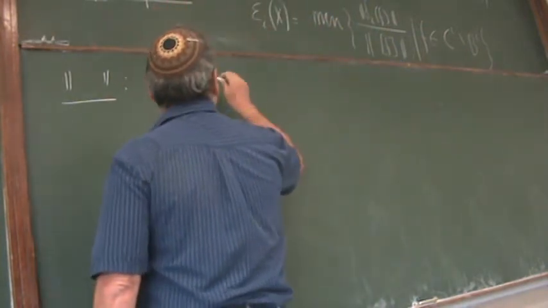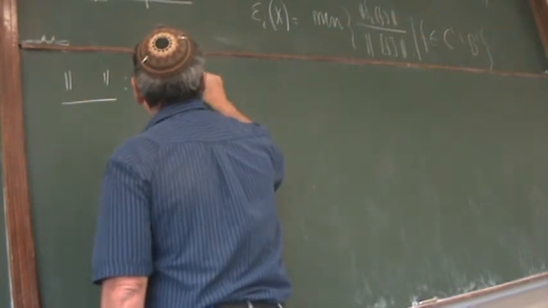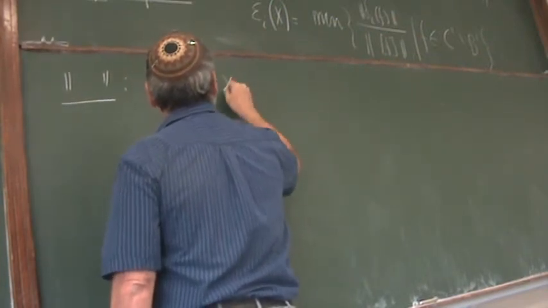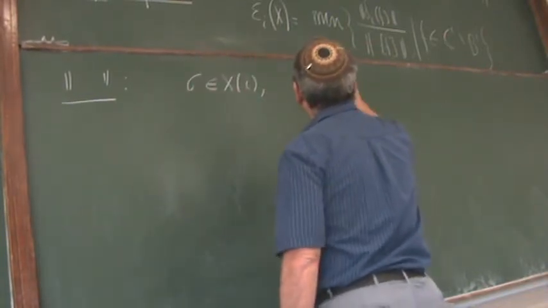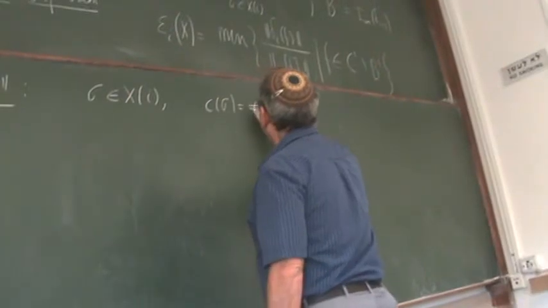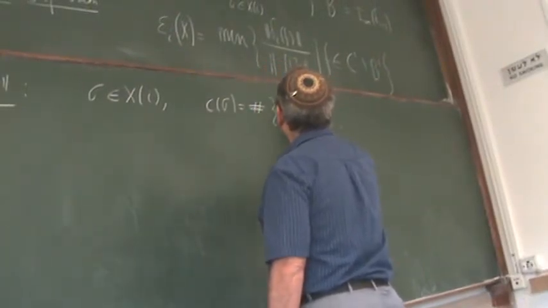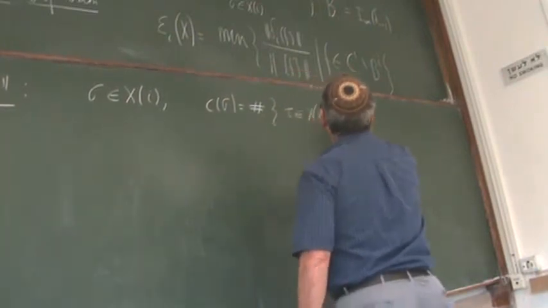The way we will work here: if σ is in X(i), then C(σ) is the number of τ in X(d), where d is the top dimension, that contain σ.